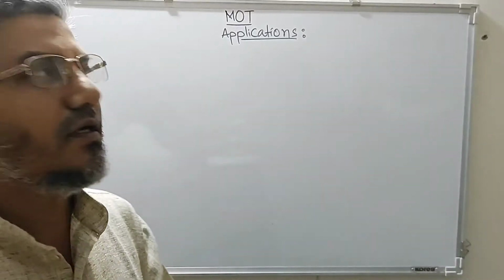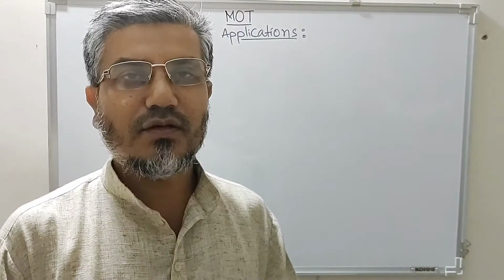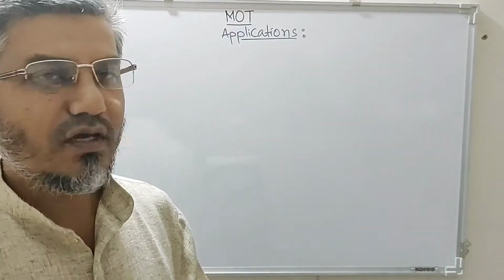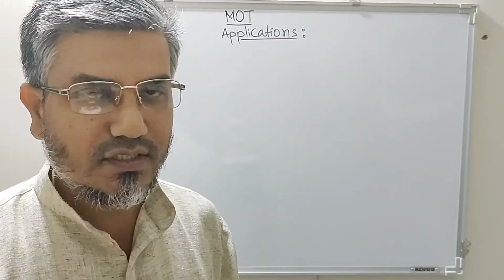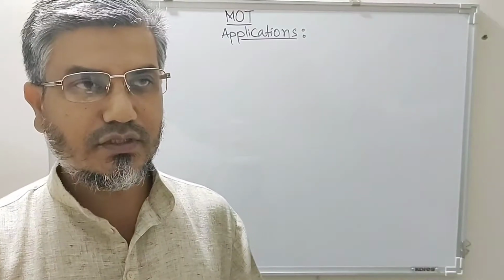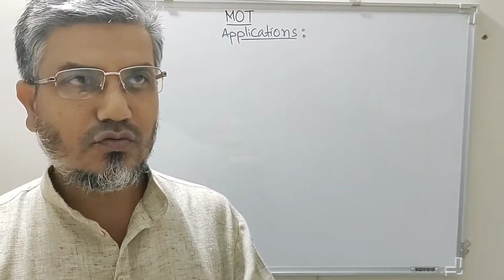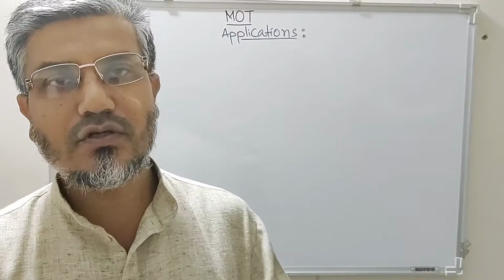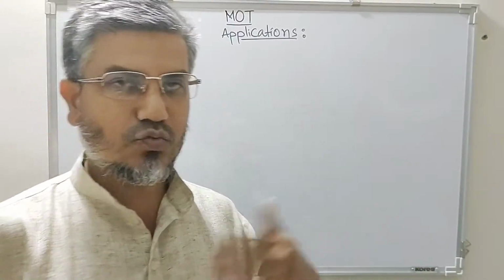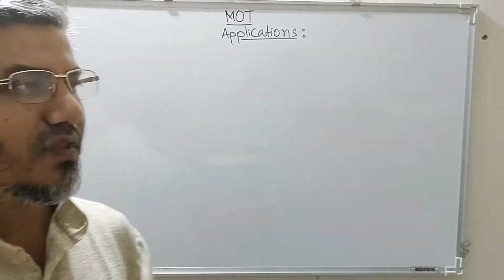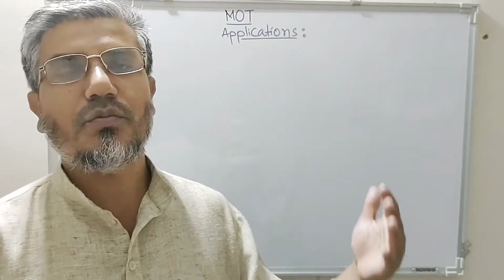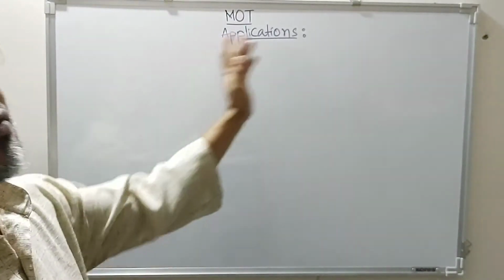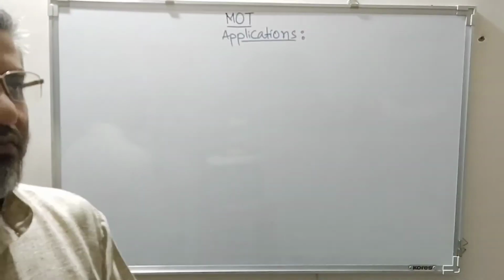Hello everyone. So we are continuing with the molecular orbital theory. In the previous lecture we have discussed what is molecular orbital theory, on what basis molecular orbital theory was developed, that is linear combination of atomic orbitals, and what are the conditions required for combination of these atomic orbitals which results in the formation of molecular orbital.